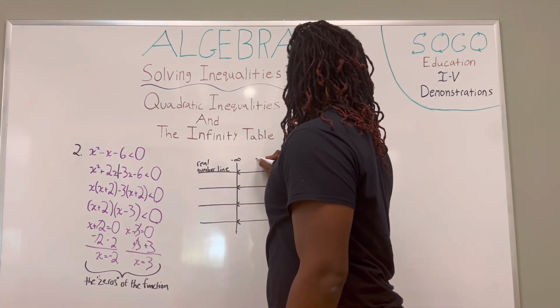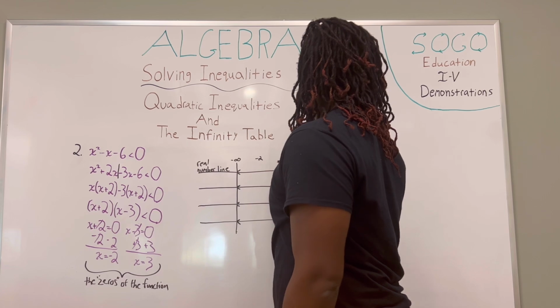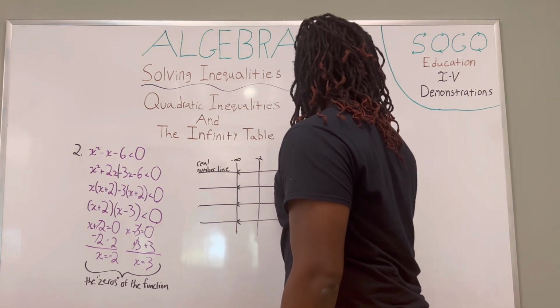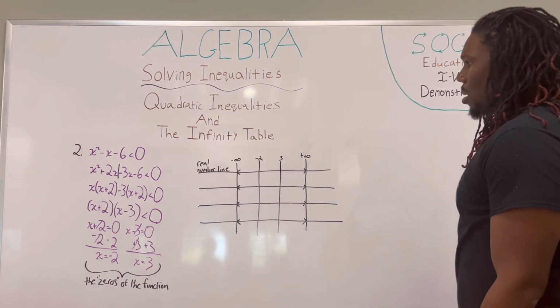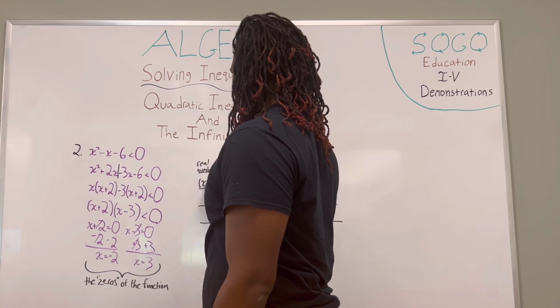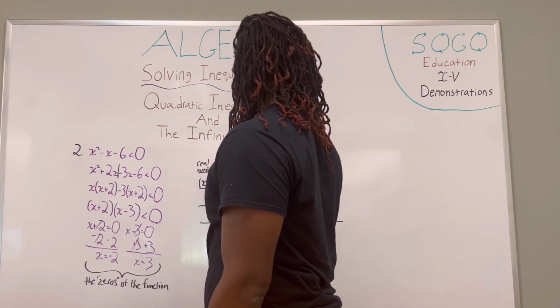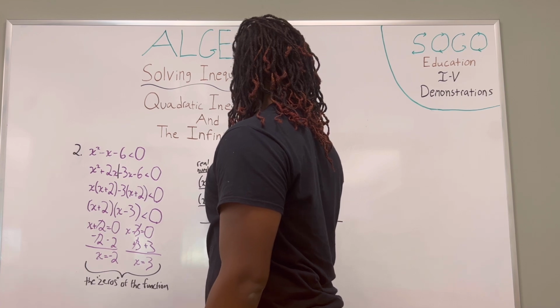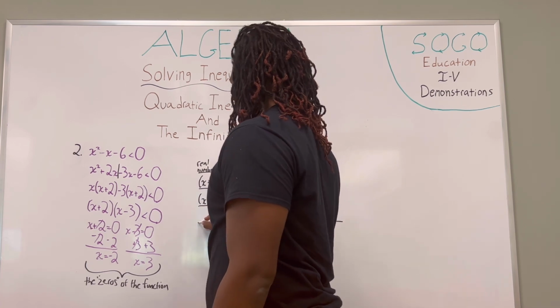So here we're at the point where we put the zeros in from least to greatest. Negative 2 is least and 3 is greatest. So now we have our table looking like a table, and we can incorporate the factors in each of the rows and the product combination on the bottom row.